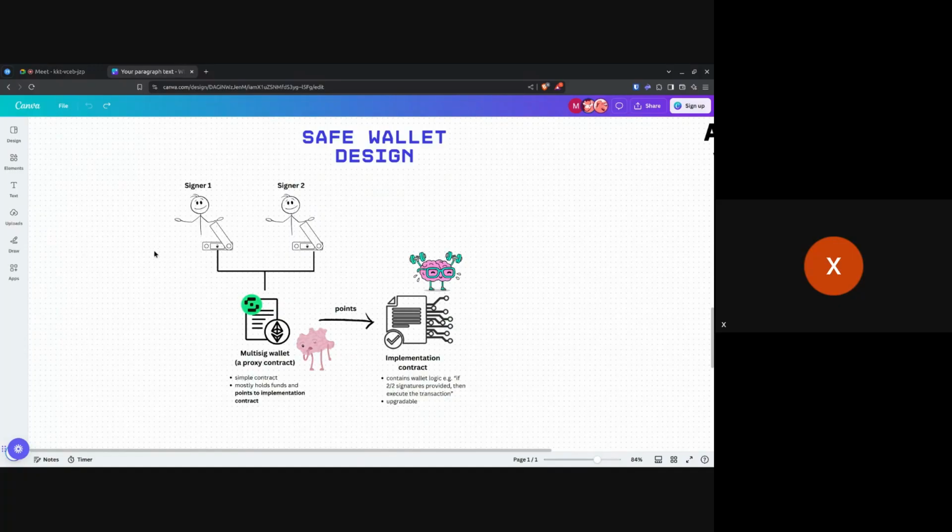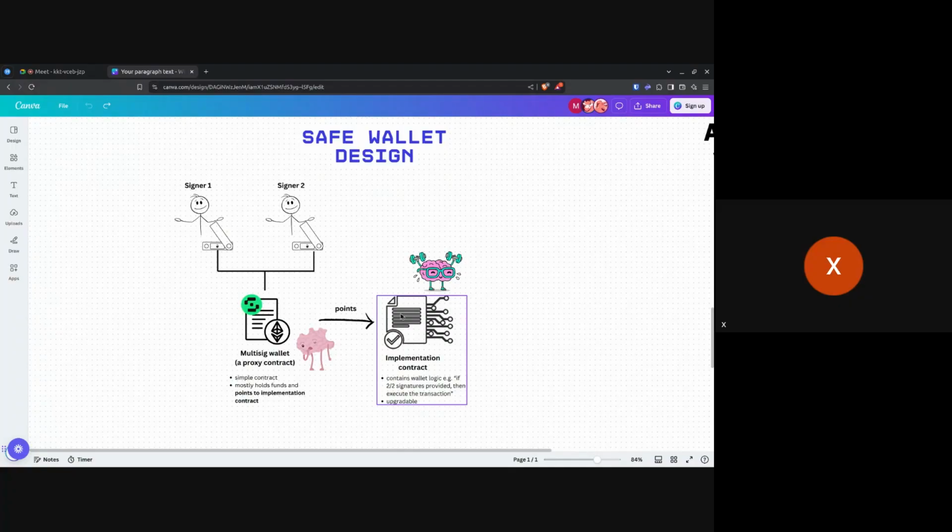So it is a smart contract that lives on chain, that exists as your identity on chain. And the way that it works is there is a single implementation of the Safe. And this implementation is the actual code that runs.